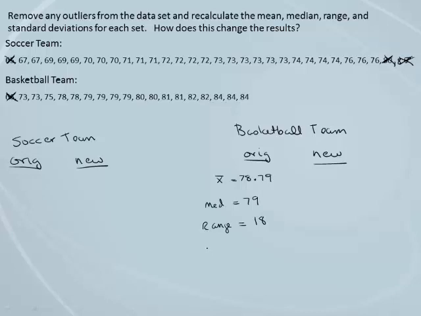And we had a standard deviation of 4.36. Recalculating with our new data, we get an average height of 79.5. We get a median of 79.5. Our range becomes 11, and our standard deviation is now 3.24.